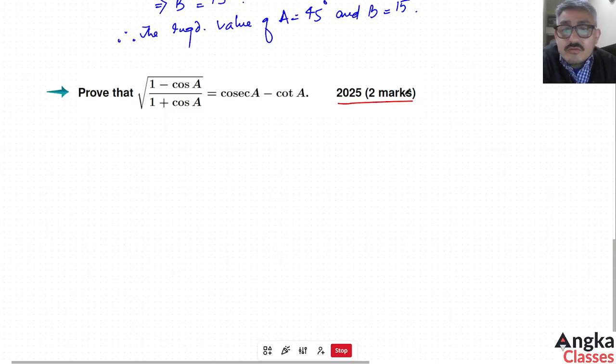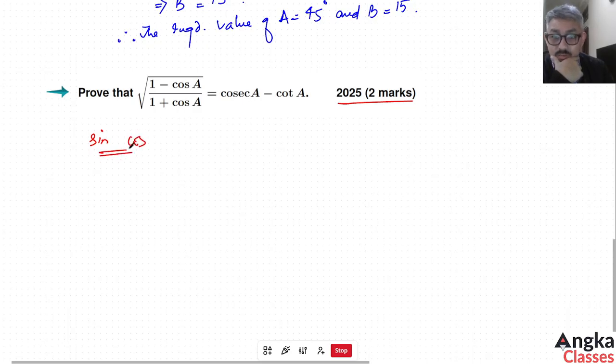Prove that square root of (1 minus cos A upon 1 plus cos A) is equal to cosec A minus cot A. Now see, in trigonometry proofs, the identities can be converted into trigonometric ratios like sin or cos.